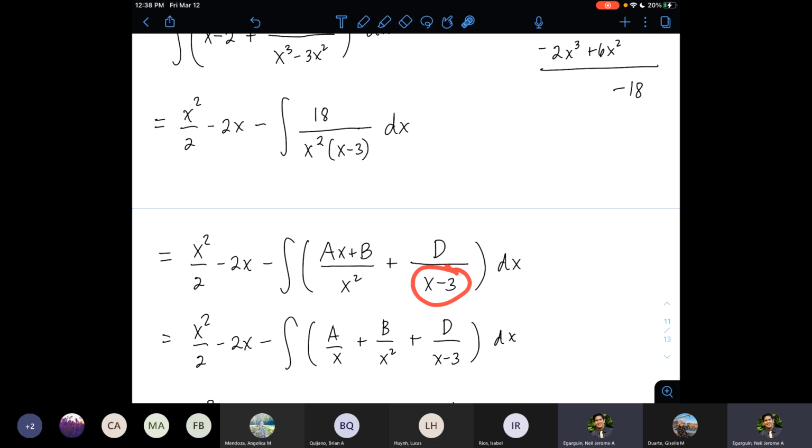A degree less than that will be degree 0, which is a constant. That's why I got that. That's basically the rule. The proof of that rule is basically just hinged on performing addition of fractions in reverse, which is purely algebraic. But I hope you will remember this rule.